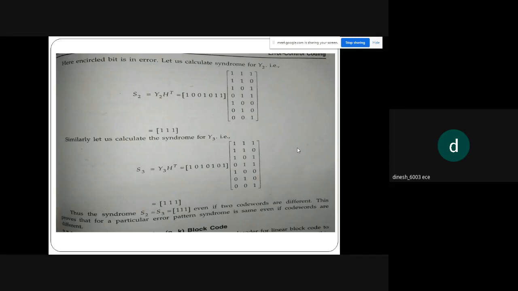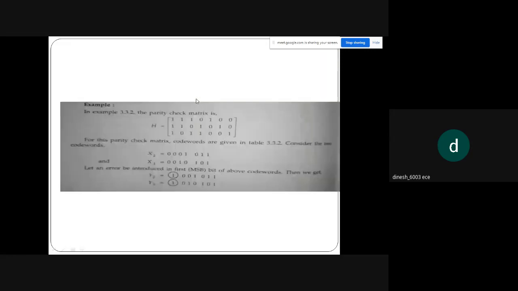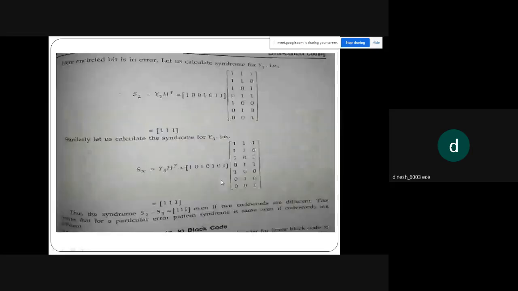So the syndrome S is equal to Y H transpose. Here we have Y2 and Y3. We will find it first for S2. So S2 is equal to Y2 H transpose. Y2, which we just wrote, is 1, 0, 0, 1, 0, 1, 1.